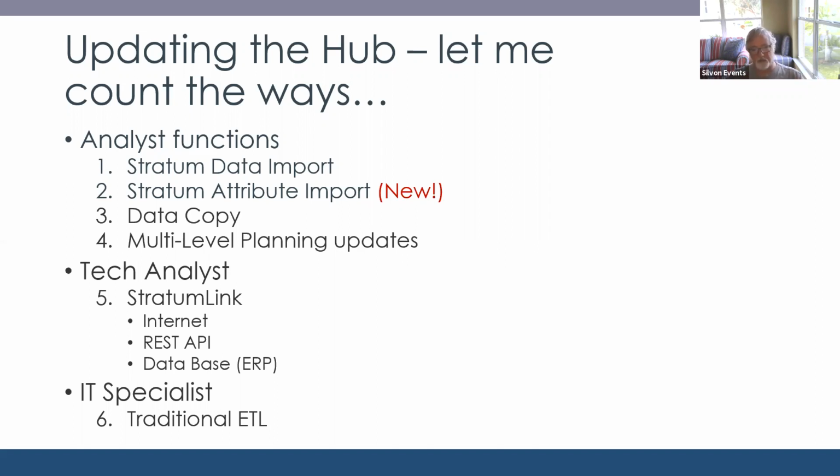It might be customers. It could be any dimension you have in Stratum, but I'm importing that data from my ERP today. But what I would like to do is augment that data and provide some different attribute information. Maybe it's just descriptive, or I want that attribute information to actually be a way to do roll-ups. So I want to create a new dimension in Stratum that's the sum of my products a certain way.